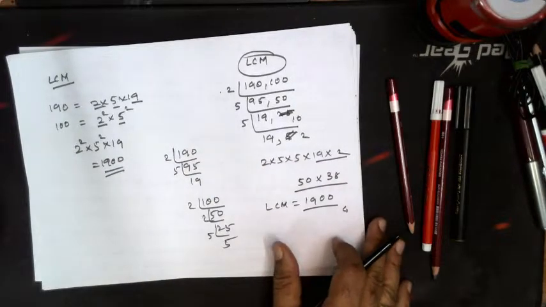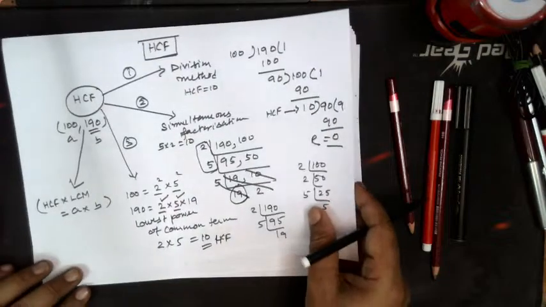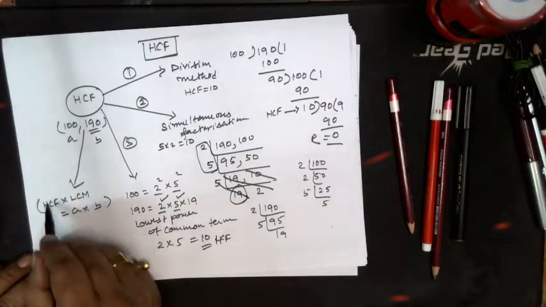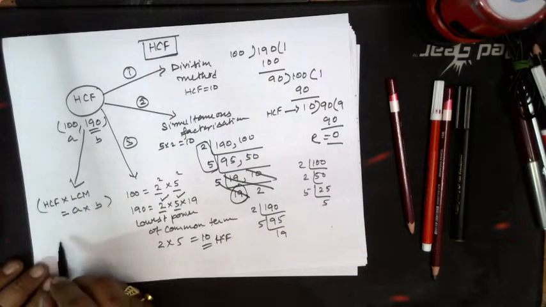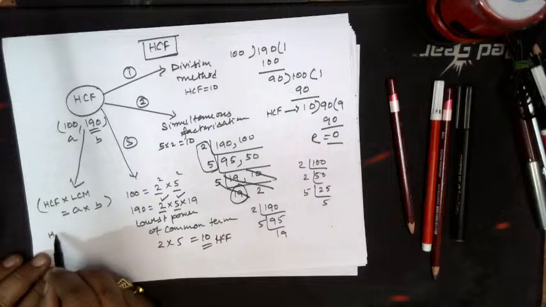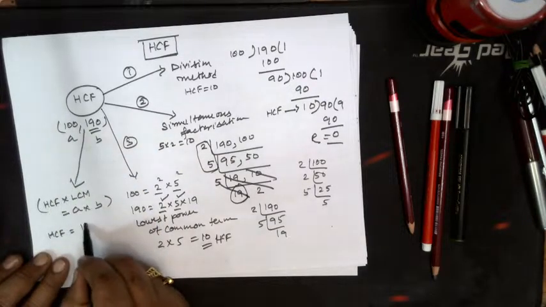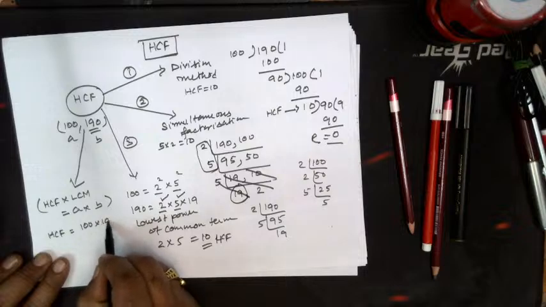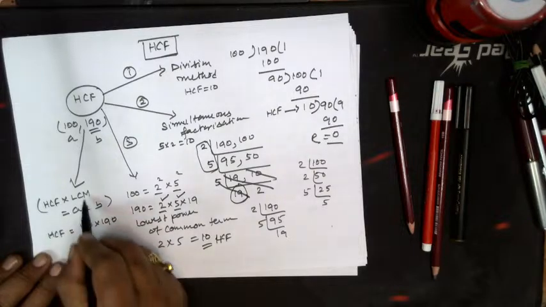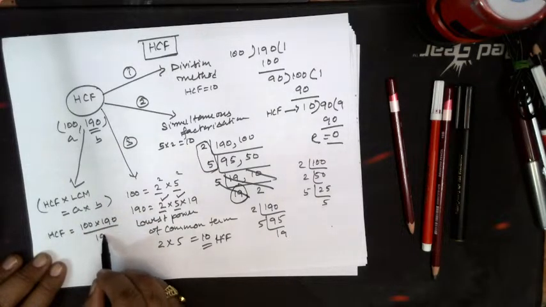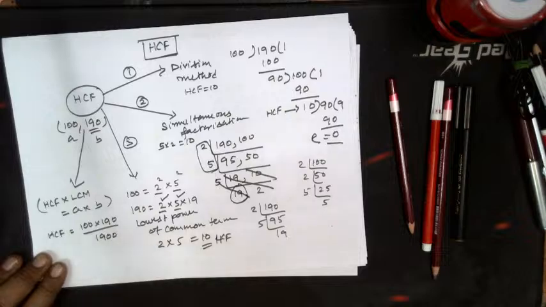Now let us come here. So we have found out the LCM. You can make use of this. Therefore HCF is equal to 100 into 190 divided by LCM. Is it not so? 1900. Got it?